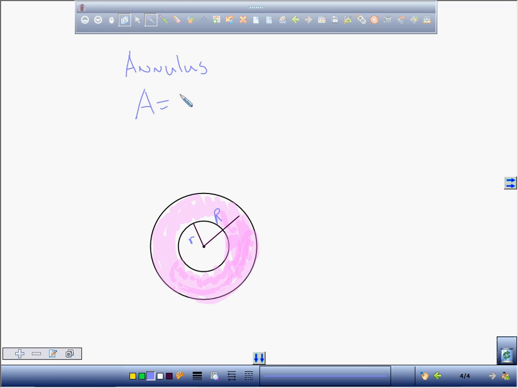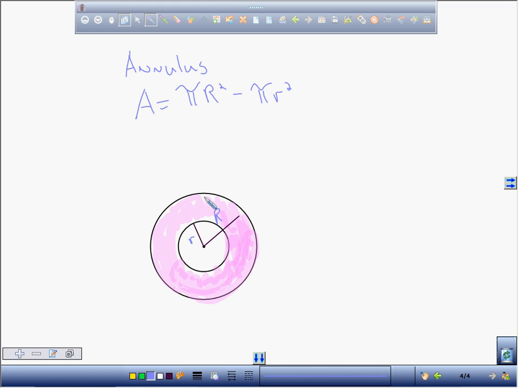Area of big circle minus area of little circle. All right, find the area of the big circle. Pi big R squared. So that's the big circle minus pi little r squared. Do you understand that? Because if I take the big circle and subtract the inside circle, then I would get the area of what's left.